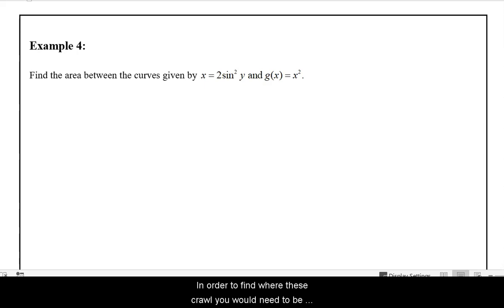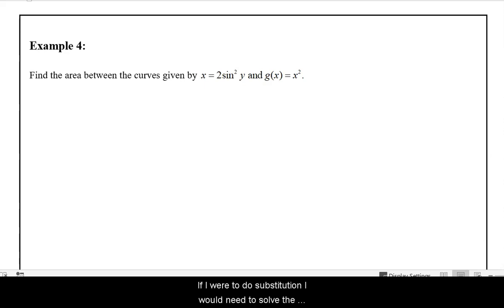In order to find where these cross, you would need to be able to solve for x in both of them, or y in both, or to use substitution. In this case, it is already set up so that you could do a substitution.